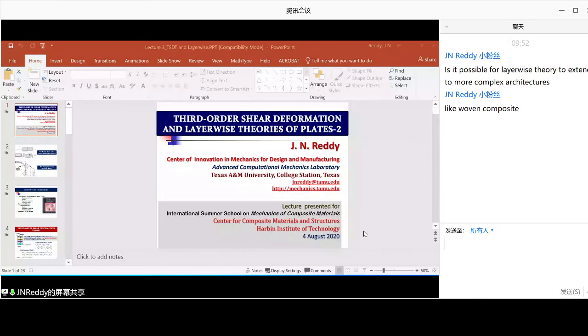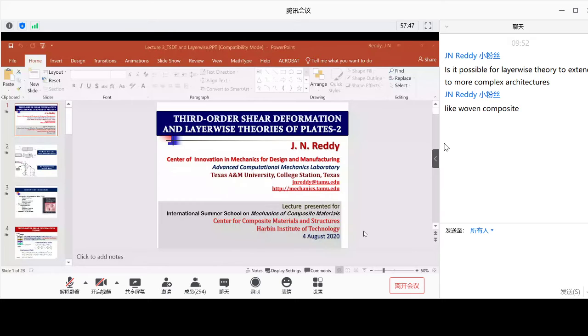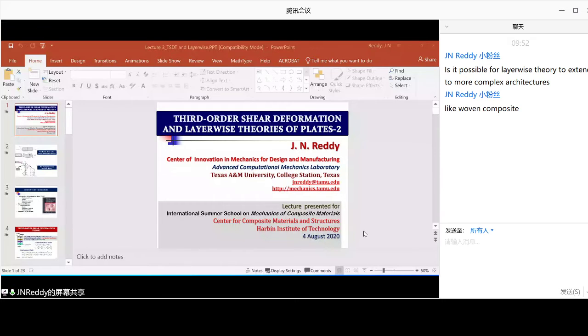The layer-wise theory is only useful if you have a laminated structure with many layers. If you have only one layer, there is no difference between the layer-wise theory and 3D elasticity theory. It's exactly the same, so we are not exploiting anything because there is only one layer.